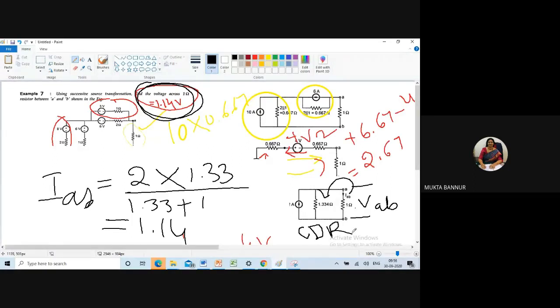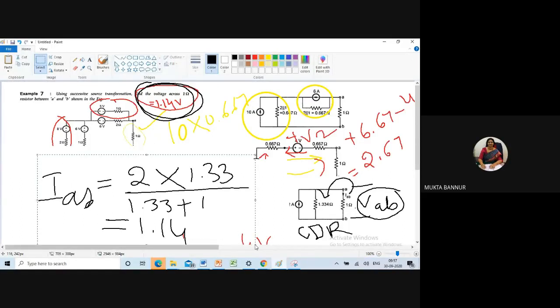CDR. Correct? So now you know the current through the 1 ohm resistor. By knowing the current through a resistor and its resistance, we can evaluate VAB. What's VAB? 1.14 volt.